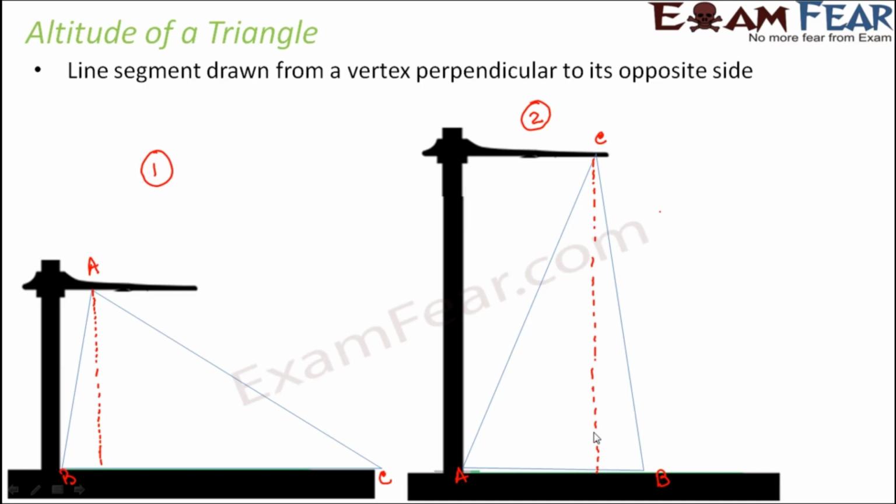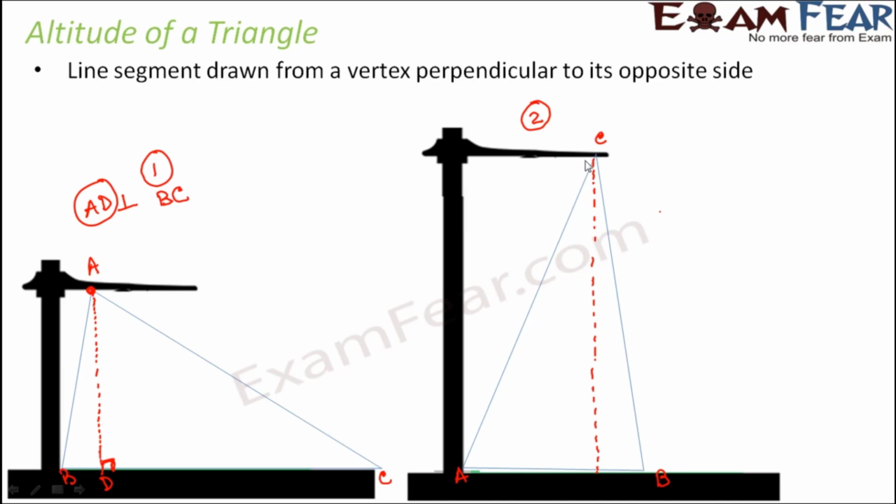What that actually means, let's say that you have a vertex A. From A, you draw a line segment which is going to be perpendicular to the opposite side. For vertex A, the opposite side is BC. Let's call this line AD. So AD is perpendicular to BC. Therefore AD defines the altitude.